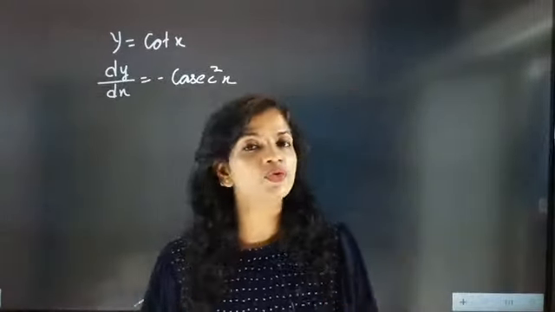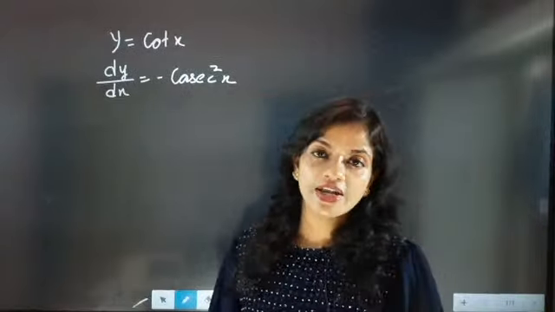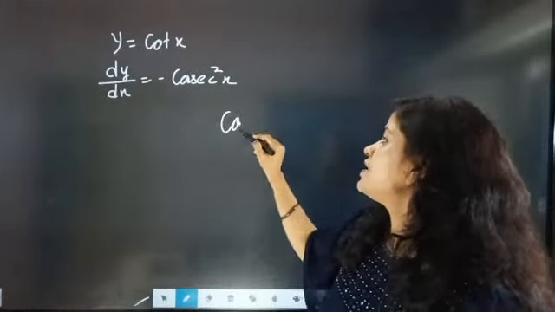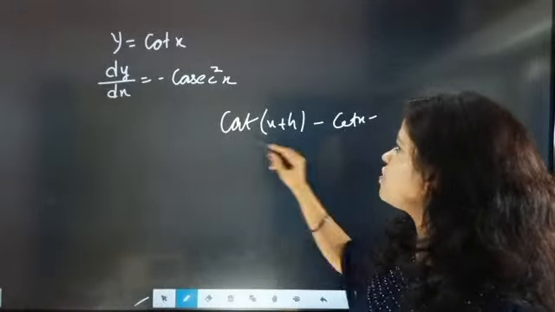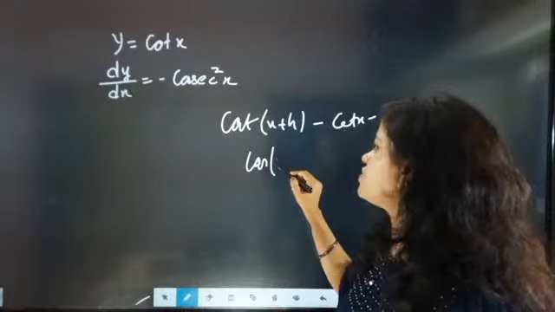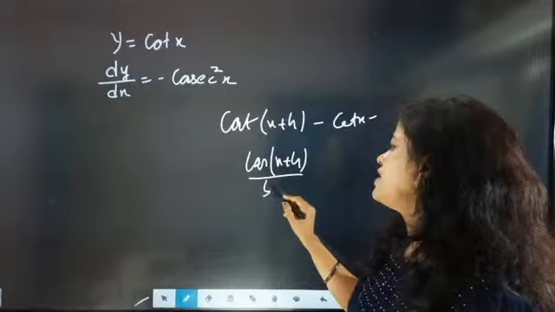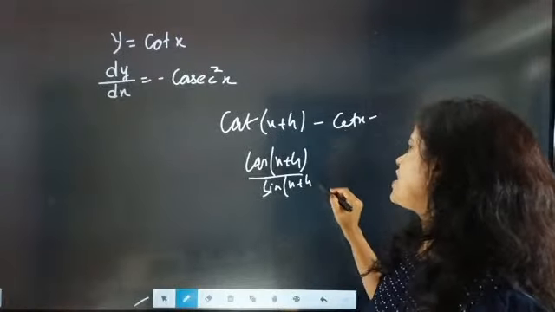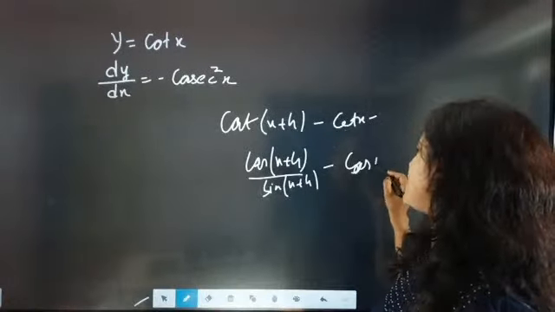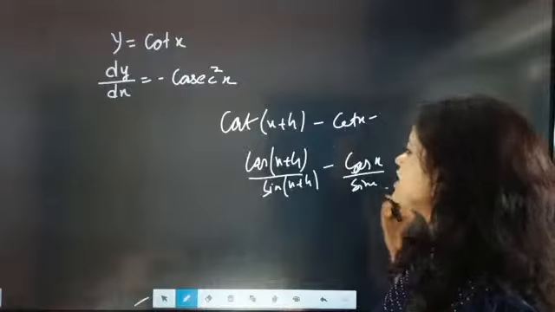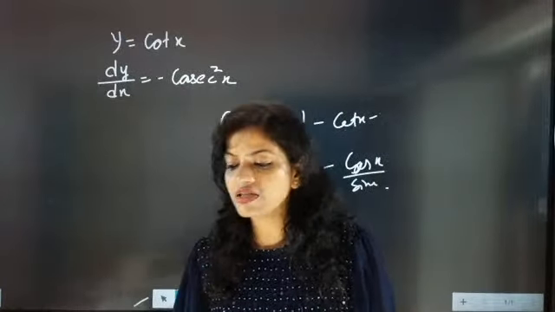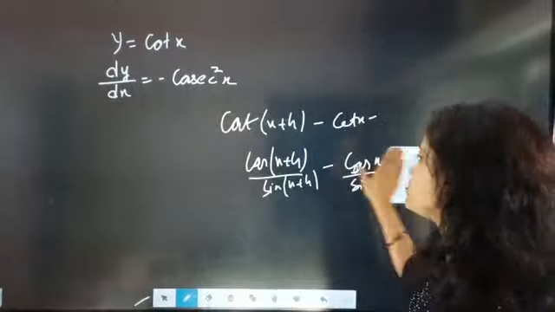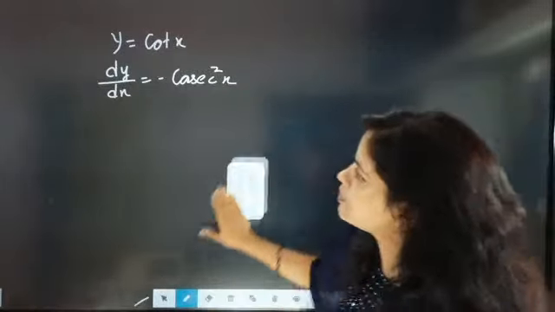Wherever cot x plus h is there, it gets converted into cot of x plus h minus cot x. Now cot x plus h will become cos of x plus h by sin of x plus h, and this part will become cos of x by sin of x. Then the same method: cross multiplication, and the sin a minus b, sin a plus b formula is what you have to implement.